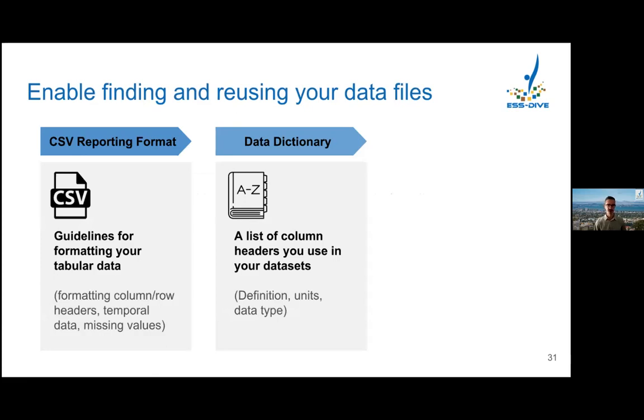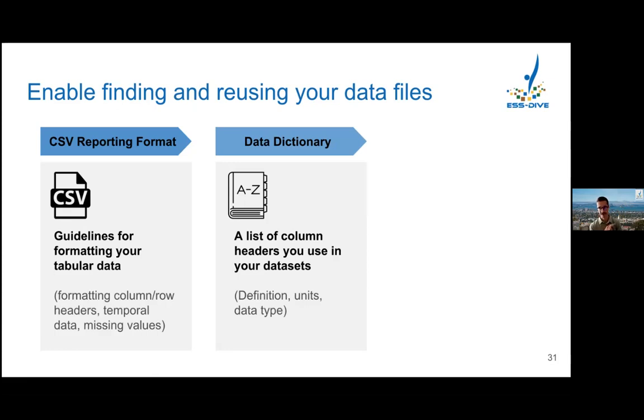So next up are some recommendations for creating what's called a data dictionary. You can think of a data dictionary as simply a list of all of the headers in your CSV file. It's a separate spreadsheet from your CSV data file, a separate table of information where you would provide a definition for each of those parts of your header.